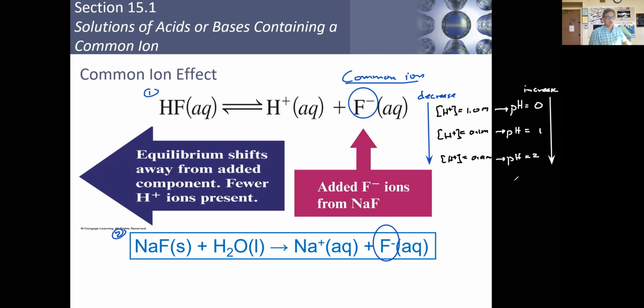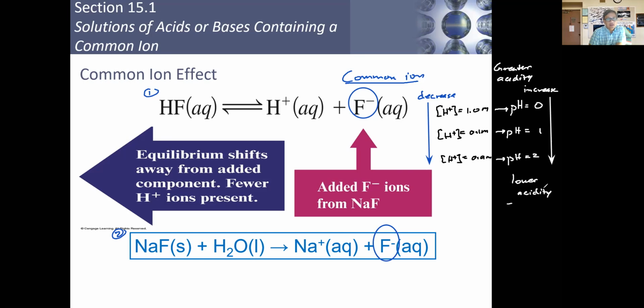So we have a lower acidity on this side, and a greater acidity on this side. As we see a decrease in hydrogen ion, we see a decrease in the acidity, but an increase in the pH.